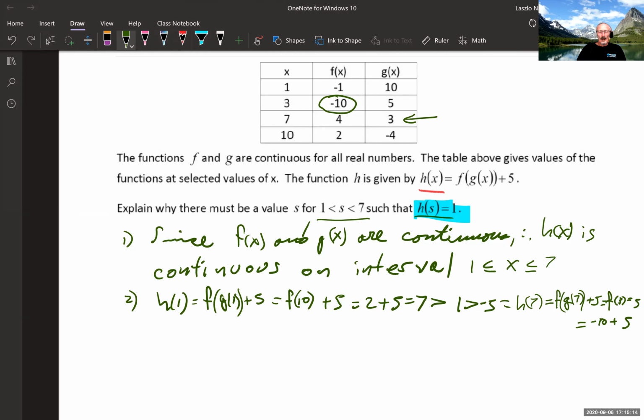So this is cool. Then the intermediate value theorem applies because h is continuous on the interval 1 to 7, inclusive.